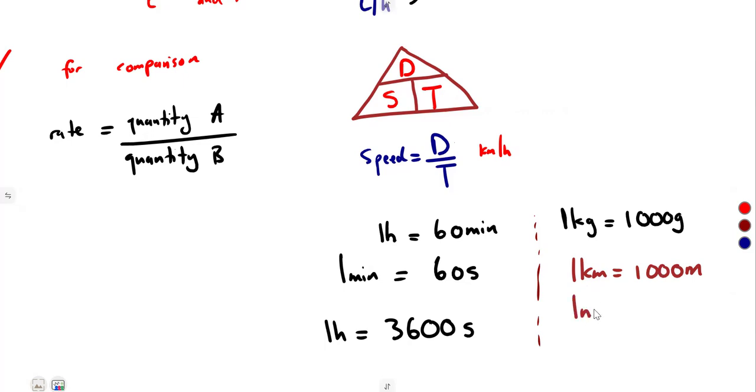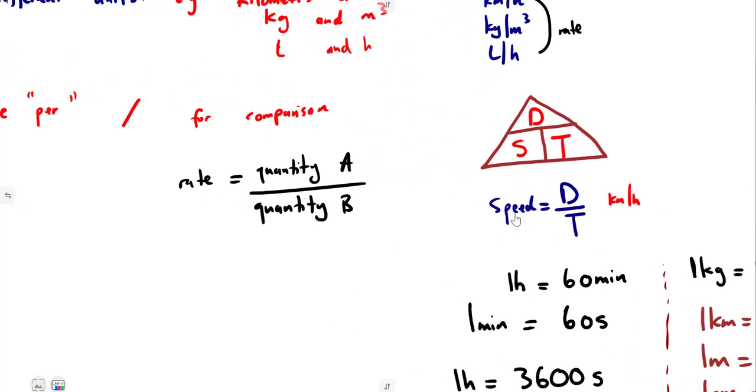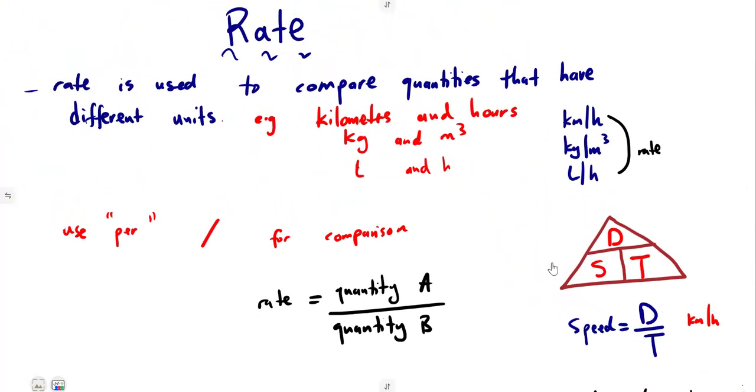A meter has 100 centimeters. A centimeter has 10 millimeters. All right, those are some of the basics of unit conversion that you just need to understand as you are working out your questions. All right, but this is what you need.